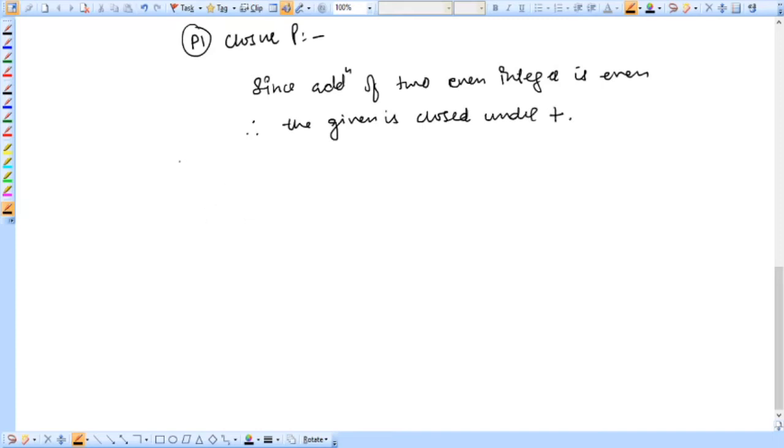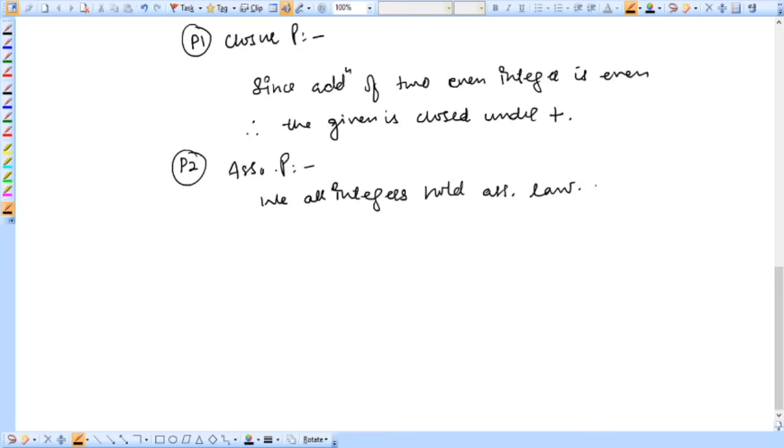Property number 2, associative property. We know all integers hold the associative law under addition.